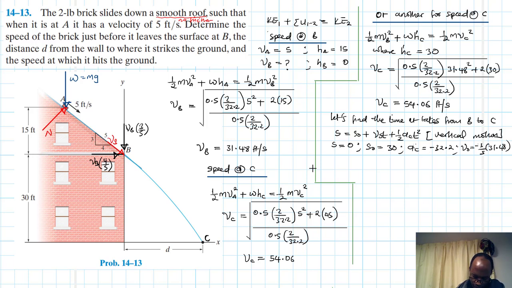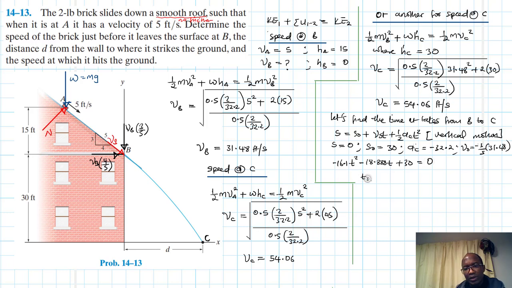So we have minus 32.2 by 0.5, so this will get a minus 16.1 T squared, and minus 18.888 T. Then we do have plus 30 equal to 0.